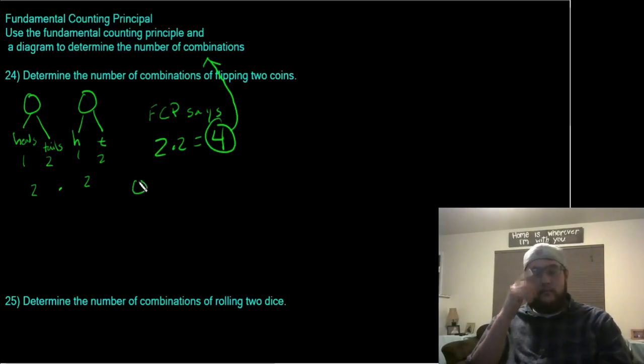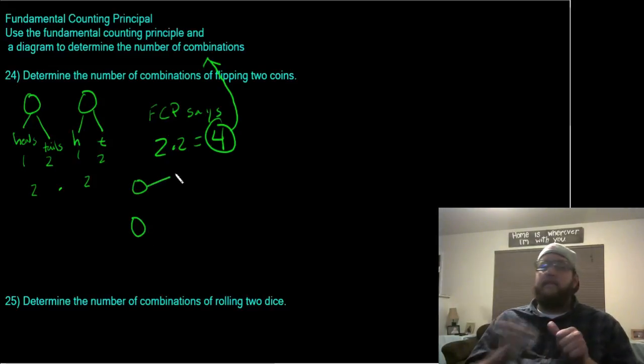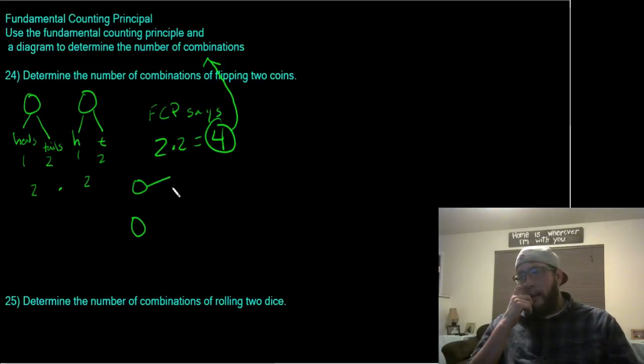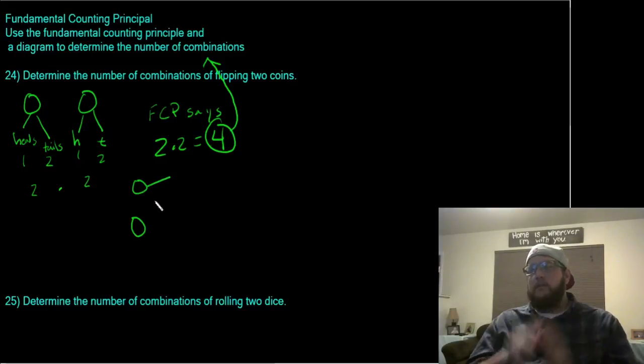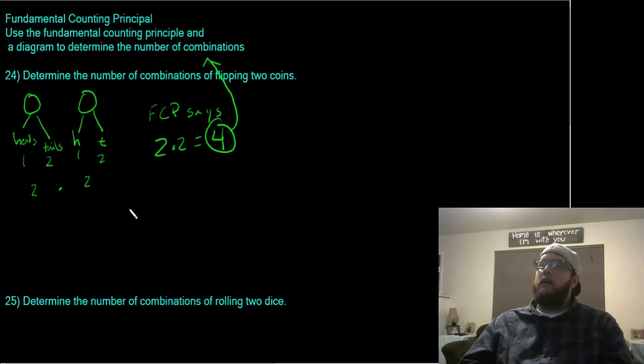Now we can use a diagram to show that. We can use a diagram because we can flip the first coin, and it can be either heads or tails.